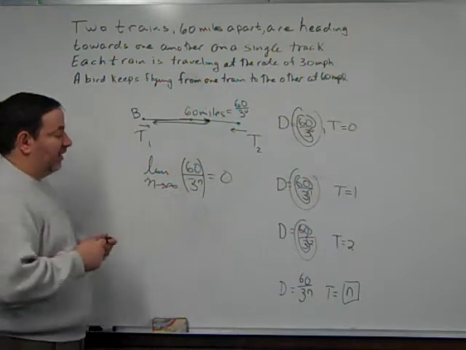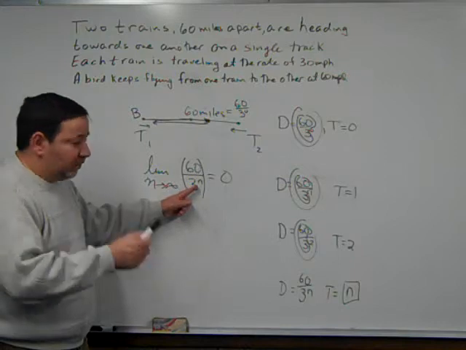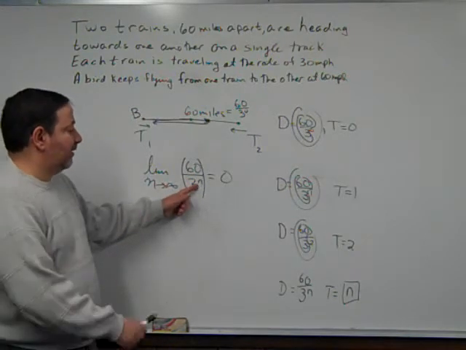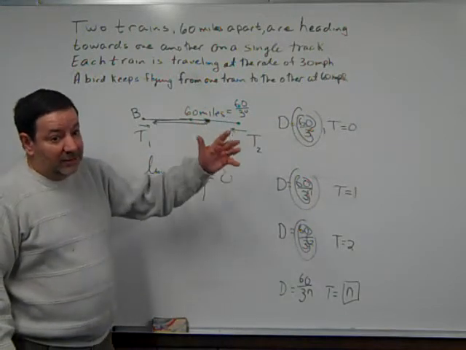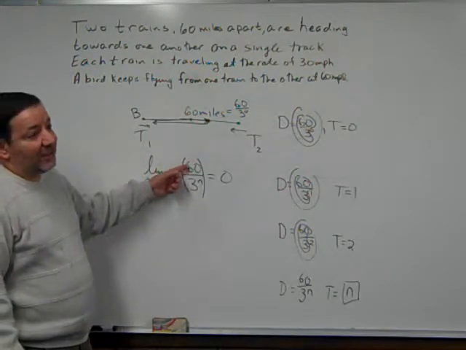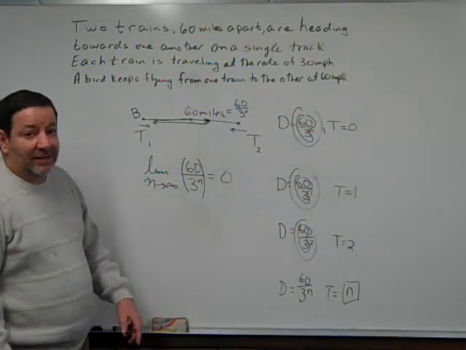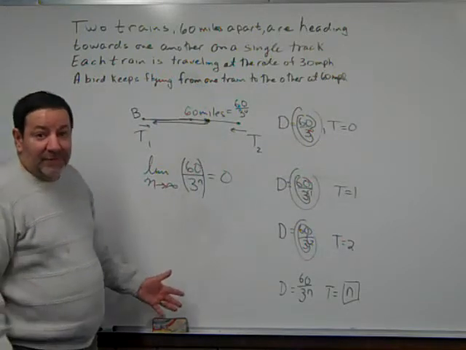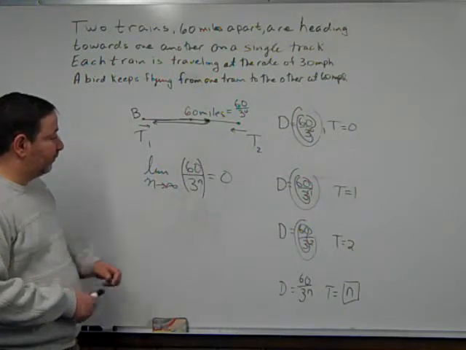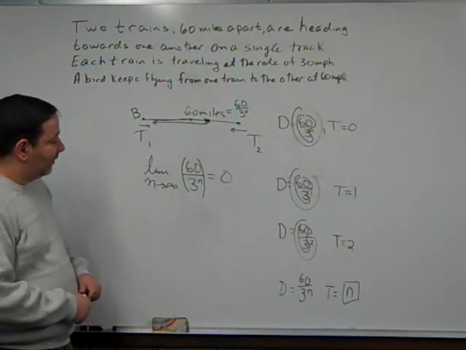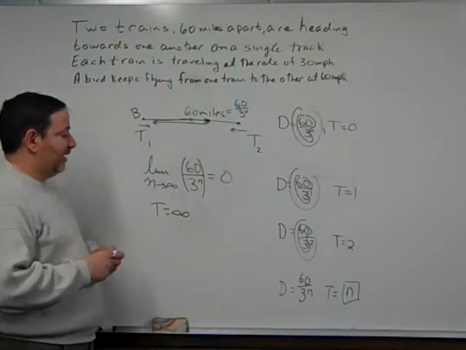This fraction, if n gets bigger and bigger, 100 billion, 300 billion, a gazillion, you divide 60 by 3 to a really large number, which means you keep dividing 60 by 3, and then 3 again, and 3 again, and 3 again. It'll never be 0. It's at infinity it's going to be 0. That is, the number of trips that the bird makes will be infinite.